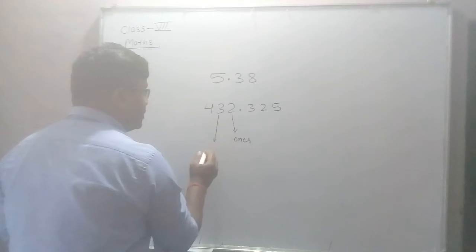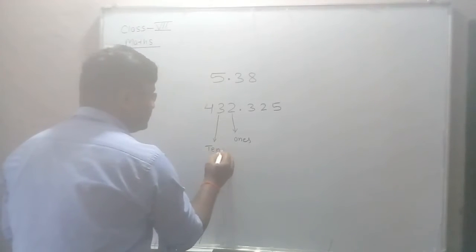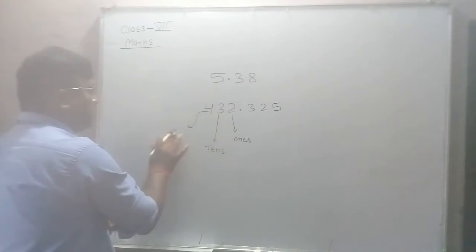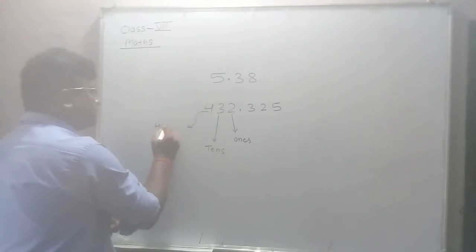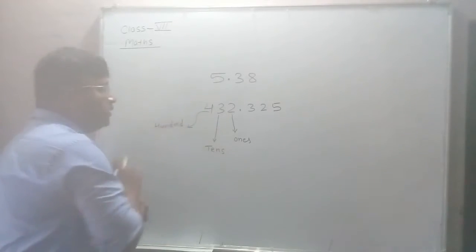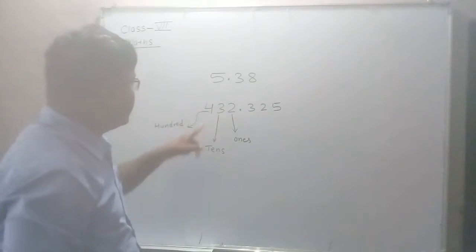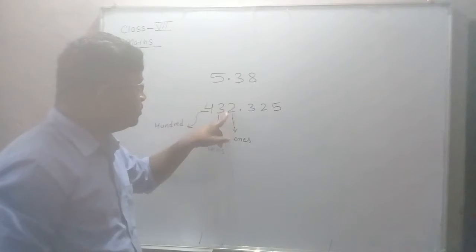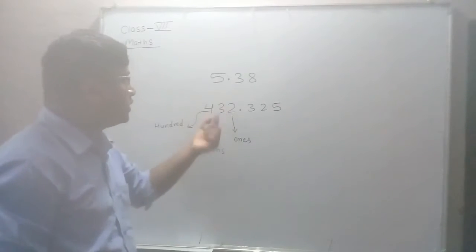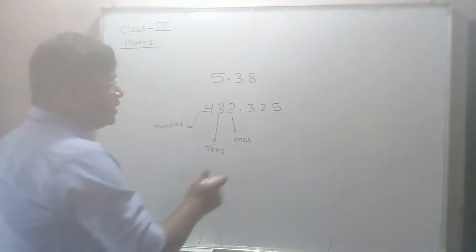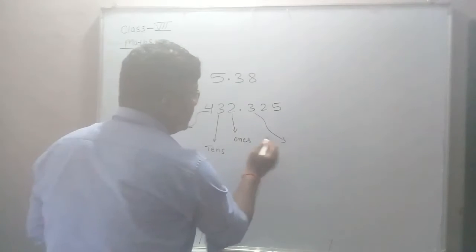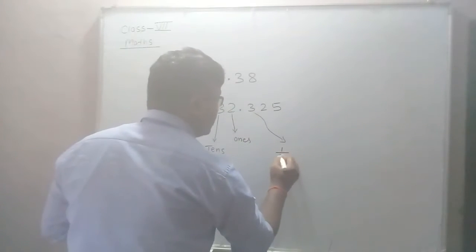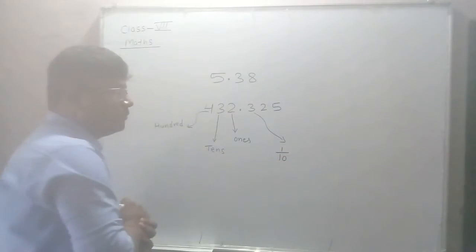Similarly, your 3 is in the tens place, and 4 is in the hundreds place. That means there are 400, 3 tens and 2 ones, so it becomes 432. Can you tell me the place value of this 3? This is your tenths place, one upon ten.